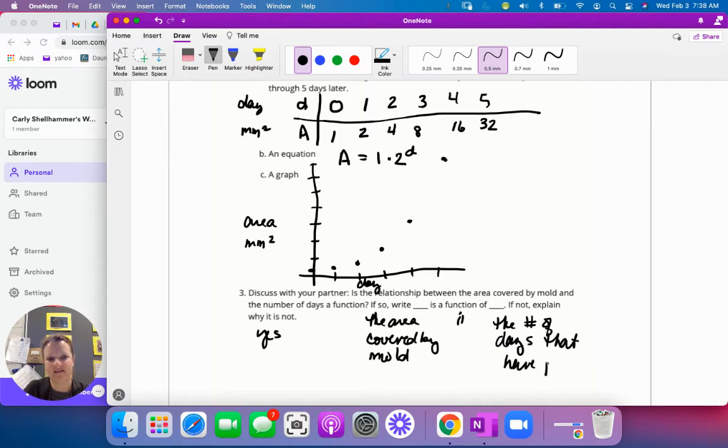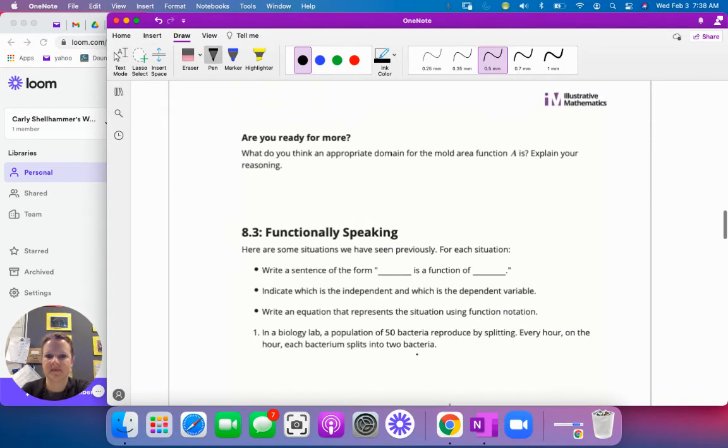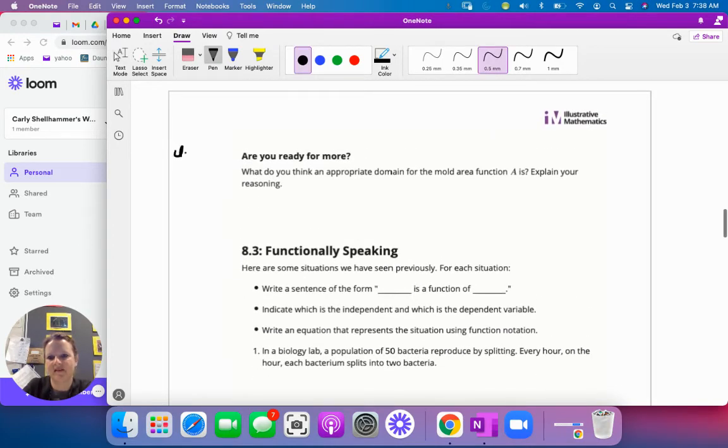Fancy way to say it. You may not come up with anything as eloquent as that, but it's all good. So really we're going to say area is a function of time. Okay, that works.